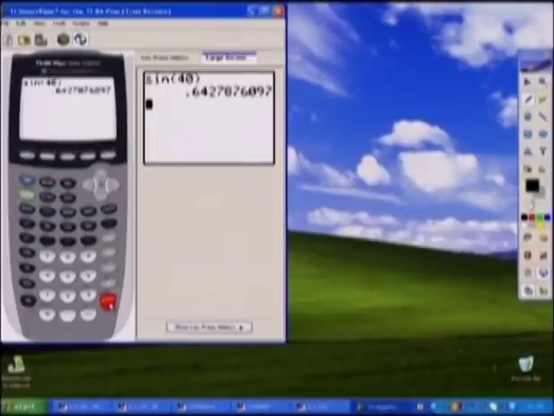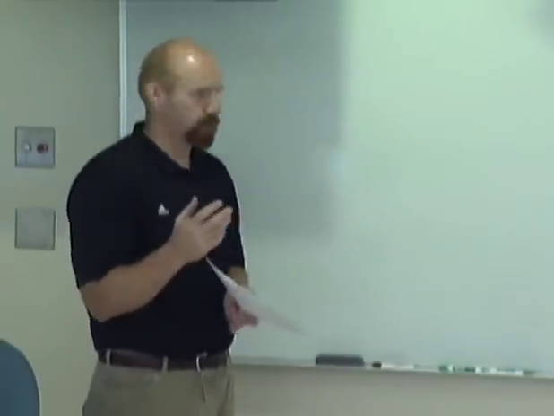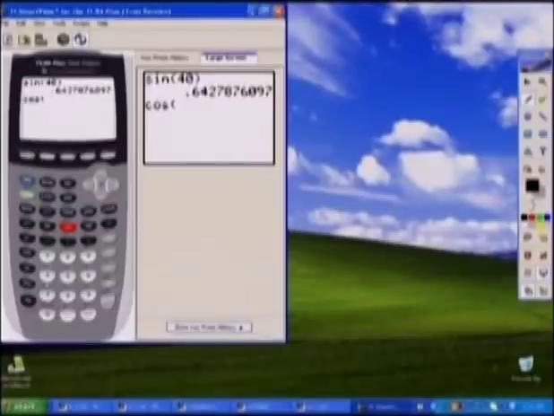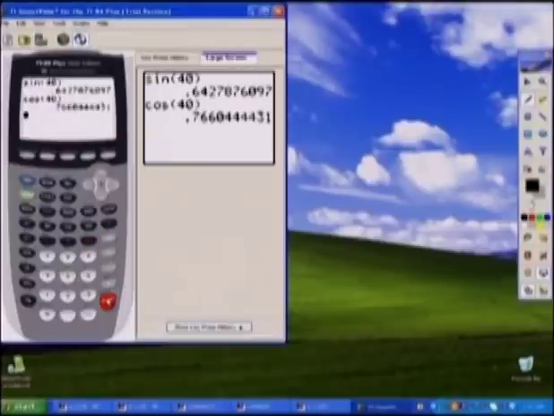And that means that the ratio of sides in a right triangle, where the opposite side of a 40-degree angle relative to the hypotenuse is 64/100ths approximately. Similarly, cosine of 40 and tangent of 40.